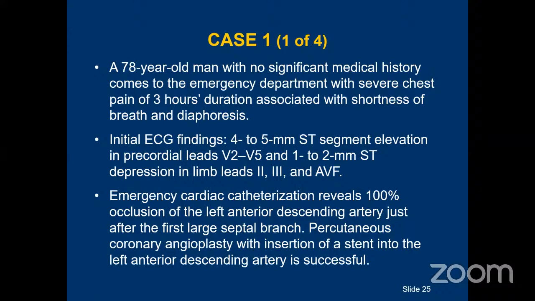Initial ECG findings are 4 to 5 mm ST segment elevations in the precordial leads, V2 to V5, and 1 to 2 mm ST segment depression in the limb leads, that is 2, 3, and aVF. Emergency cardiac catheterization reveals 100% occlusion of the left anterior descending artery just after the first large septal branch.